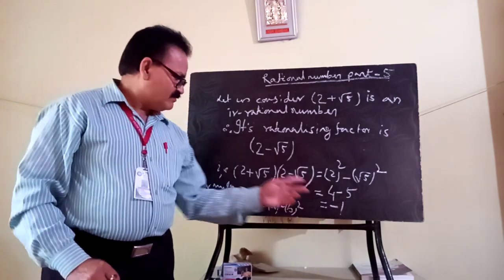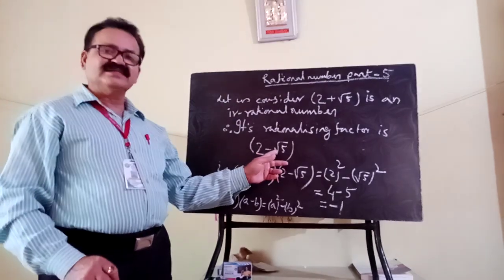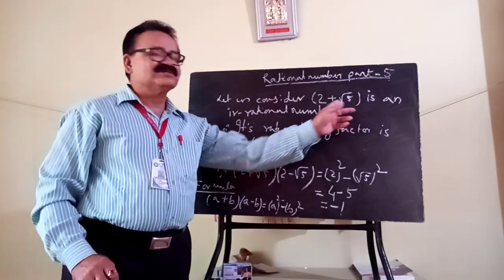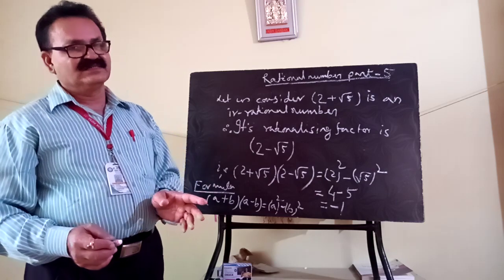Minus 1 is a rational number, but 2 minus root 5 is irrational, and 2 plus root 5 is also irrational.